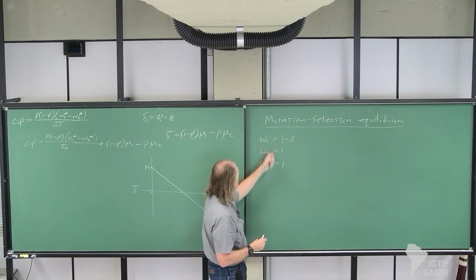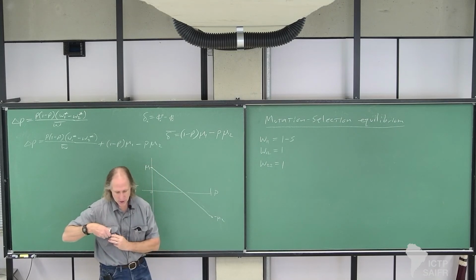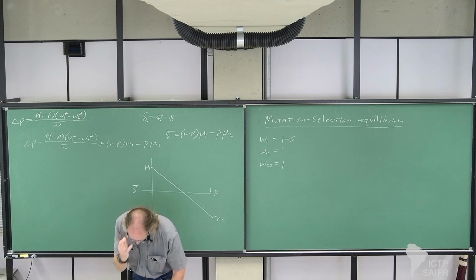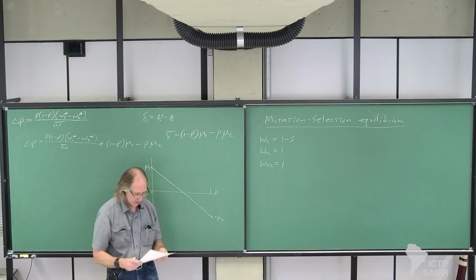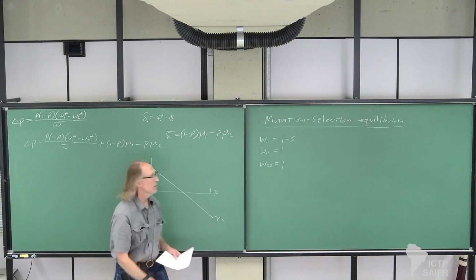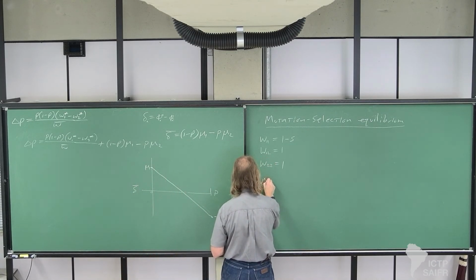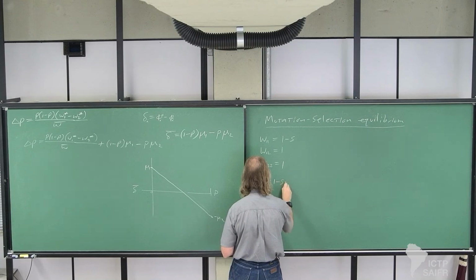Okay, so set up those cases, right? And then from those, we can solve for the marginal fitnesses. And I'll put this up and you can double check me. W1 star, in this case, comes out to be 1 minus SP.